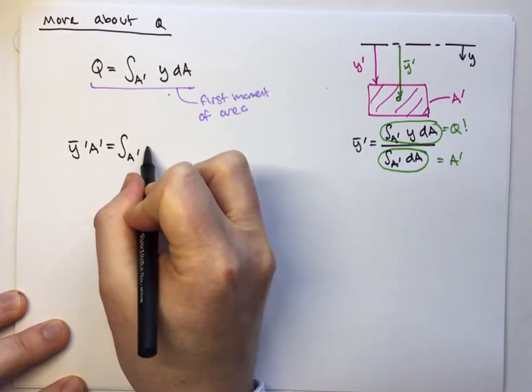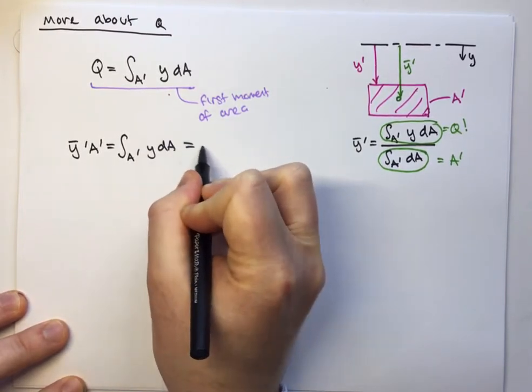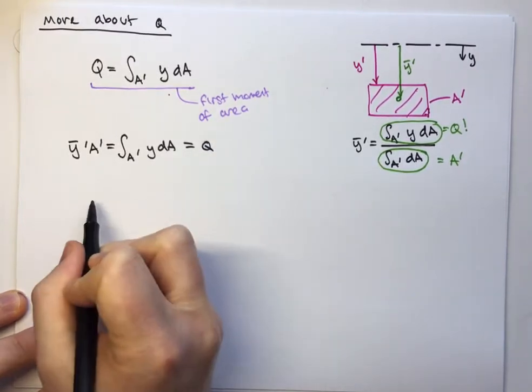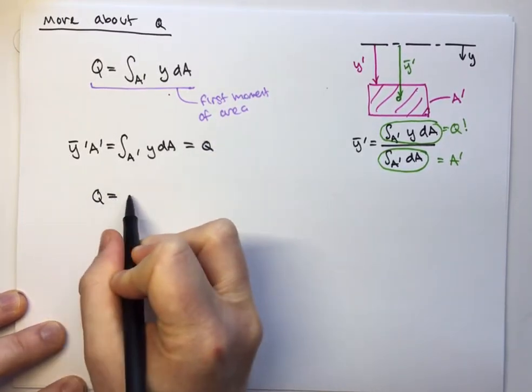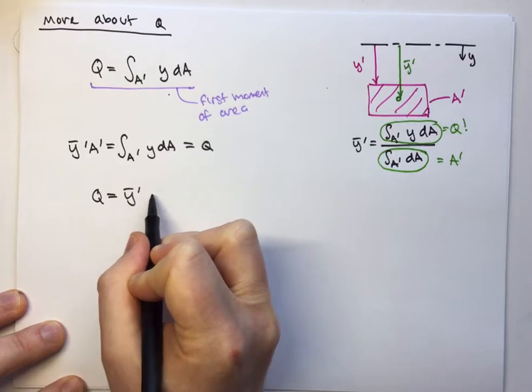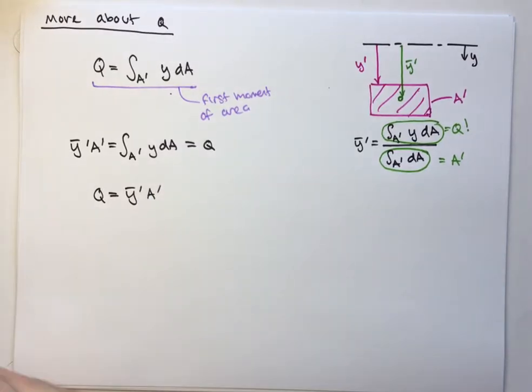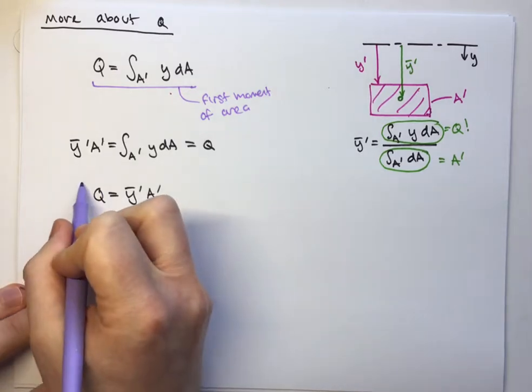We get A prime y dA, which is going to be equal to Q. And we can say that Q is equal to y bar prime A prime. And that's going to be our expression that we can use.